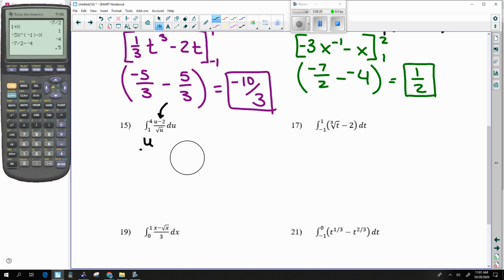So I'm splitting the numerator, and I'm creating two separate fractions. You can separate numerators, you can't separate denominators. So this is u to the 1/2 minus 2u to the negative 1/2.